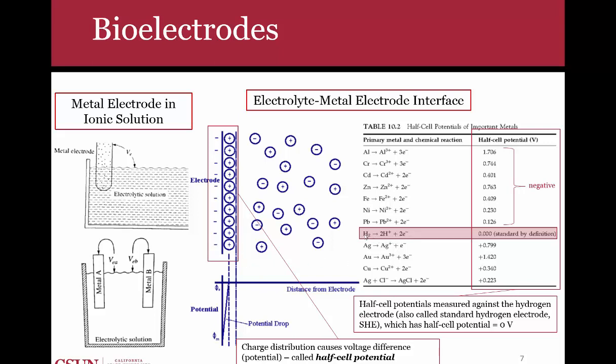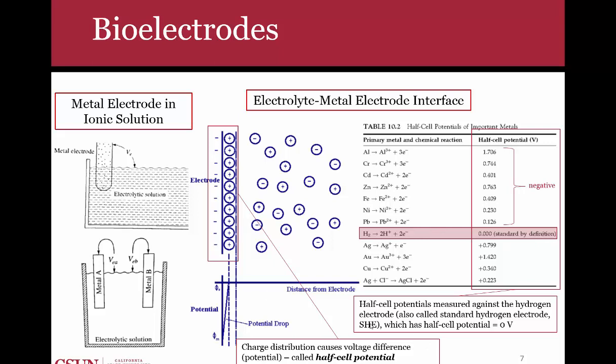Interestingly enough, if you get a hydrogen electrode and dunk it into water, you're actually going to get 0 volts across the interface here. It turns out that we typically use hydrogen electrodes as a reference. So it's our standard electrode, and all of these voltages are in reference to the hydrogen electrode. So what that means is that we can standardize that as our reference.